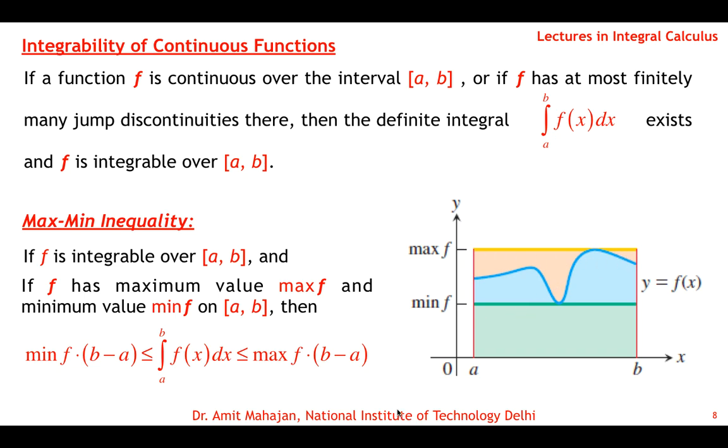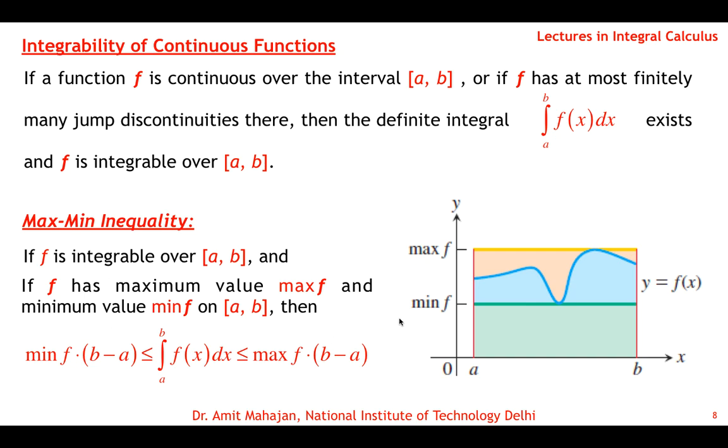So clearly the integral from a to b of f(x) dx, which is known to be the area between the curve and the x-axis, is bigger than the area of the rectangle below at min f, and the area below the blue is less than the area of the rectangle at max f. So this is your one result.